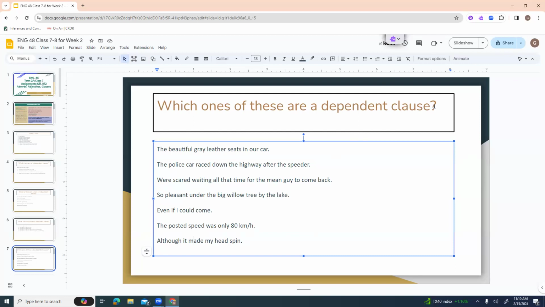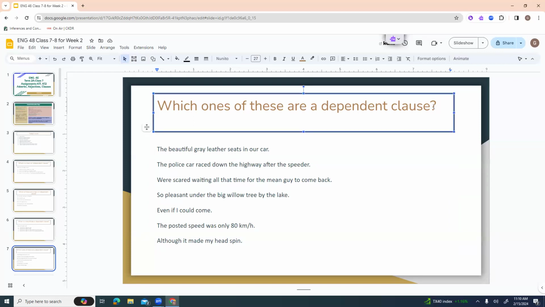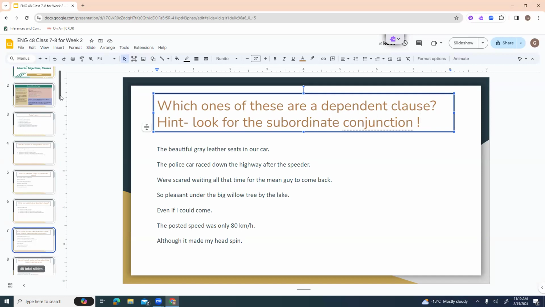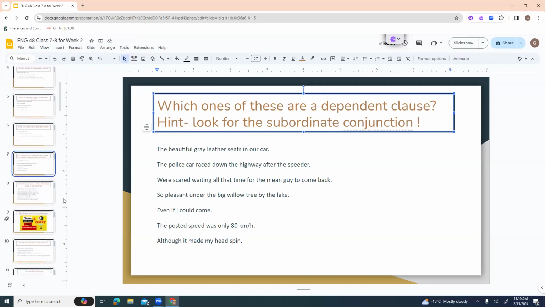So I'm going to put that kind of here. Hint: look for the subordinating conjunction. When you see those, then it's a good hint that you've got a dependent clause there, if it's at the beginning of the sentence and it doesn't make sense on its own. So kind of the criteria.